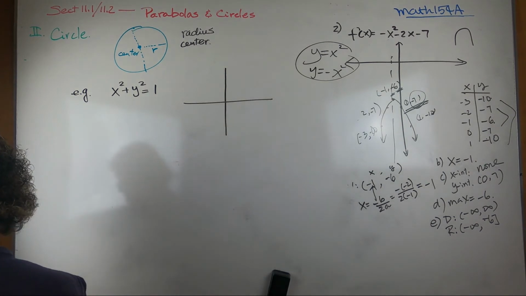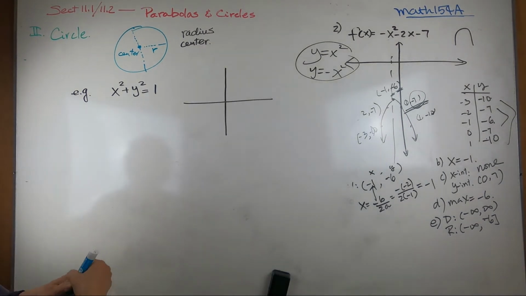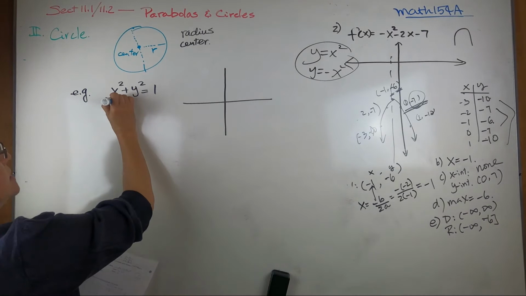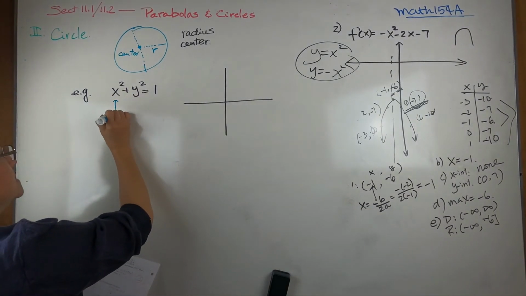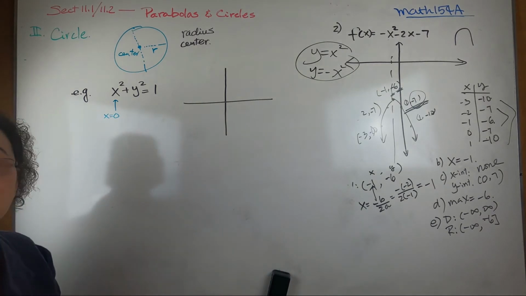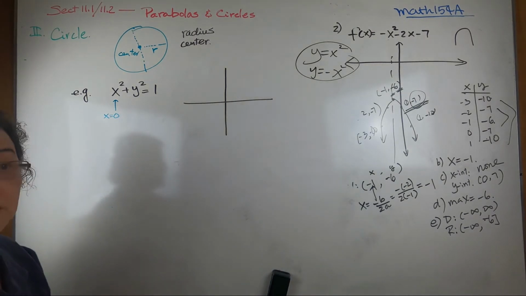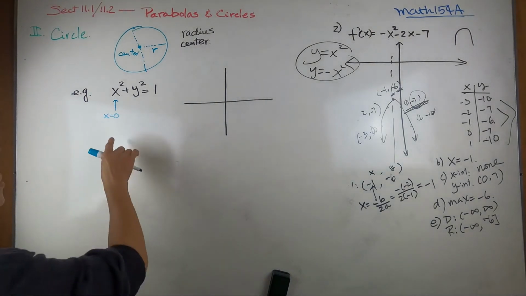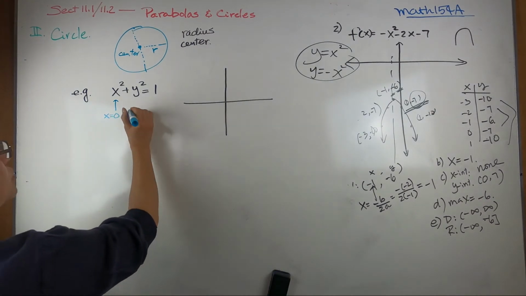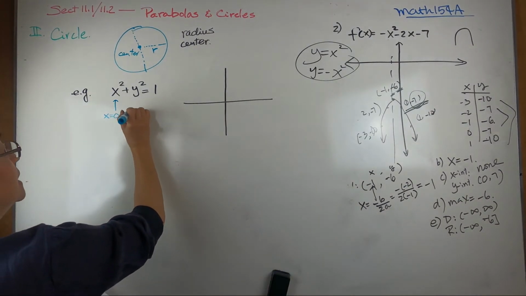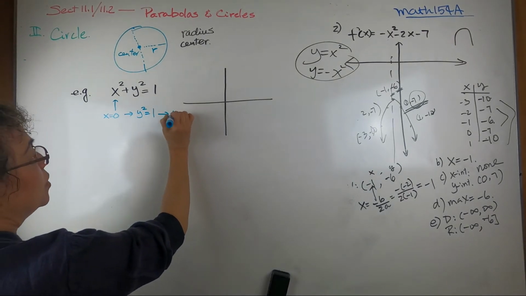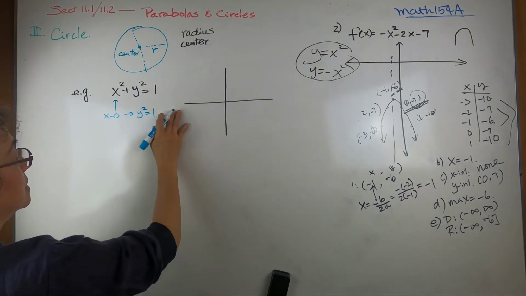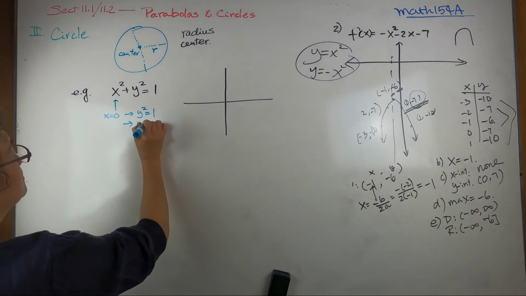So, say x is 0. If my x is 0, we just use a few points, okay? So you can visualize. When x is 0, what do we have? Then we have y squared equals 1. Then what's your y? You would tell me 1.